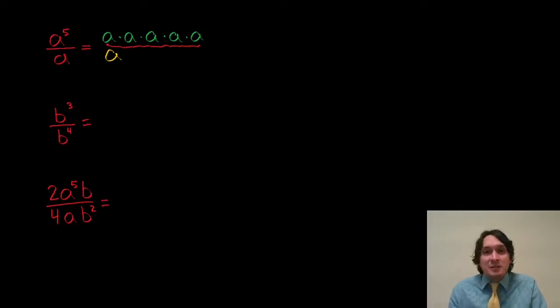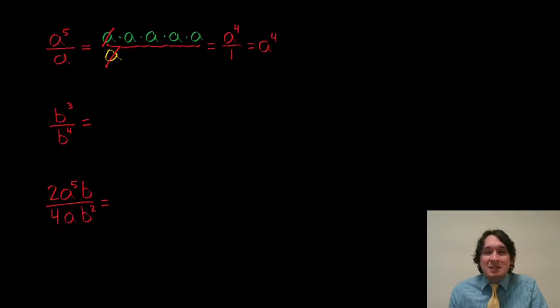And so I have 5 multiplying factors and 1 dividing factor. So I can cross 1 off of each side of our fraction, and I end up with 4 a's in the numerator, 4 multiplying factors. And so I can call this a to the power of 4. And then since there's nothing left on the denominator, I can call that 1. And this is just a to the power of 4.